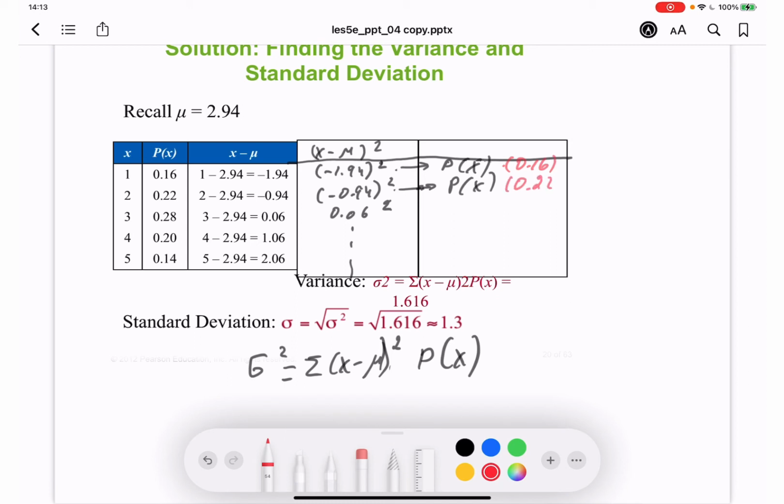So whatever you get here squared, you multiply by 0.22. Here, whatever you get, negative 1.94 squared, multiply by 0.16, and so on. And at the end, you add them up and you get the result. Okay, let's see if we have an example and we can do it.